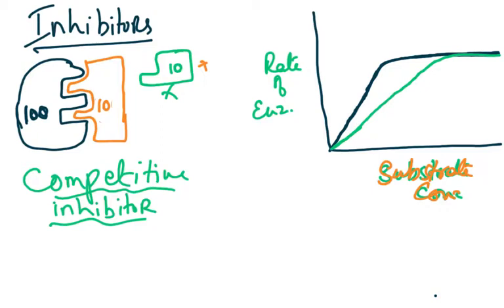It's just like you've got them in a bag and you're shaking them. So if this fits in, then no product is formed. But if this fits in, then a product is formed. So the rate of reaction is measuring product per unit time. Now this is competitive inhibitors, and this graph is a very typical graph in which, of course, as we increase the substrate concentration, the graph will reach the Vmax.